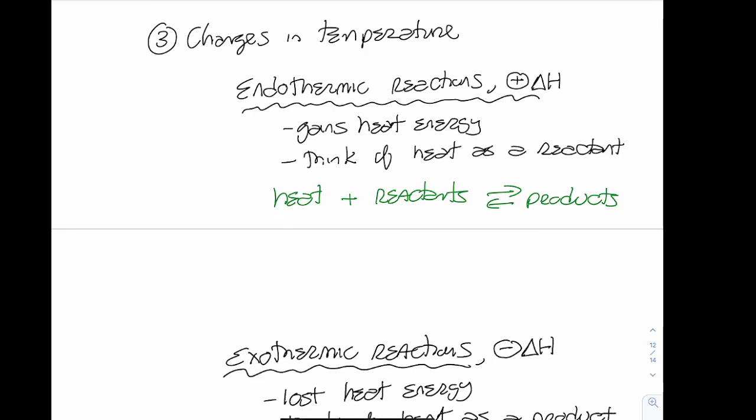So an increase in temperature, and this is under endothermic, let's indent it, or endothermic, sorry. Increase in temperature.